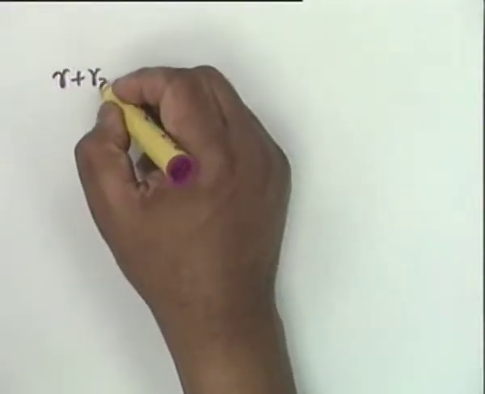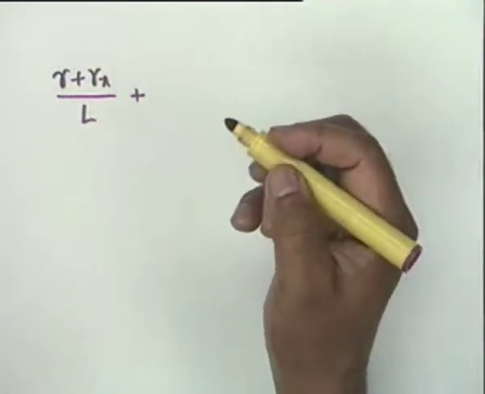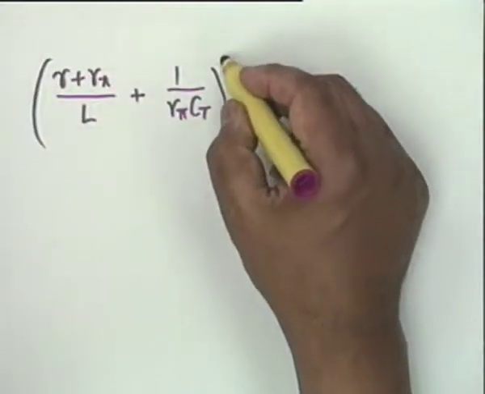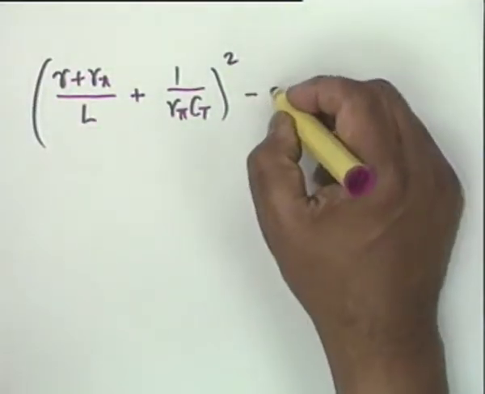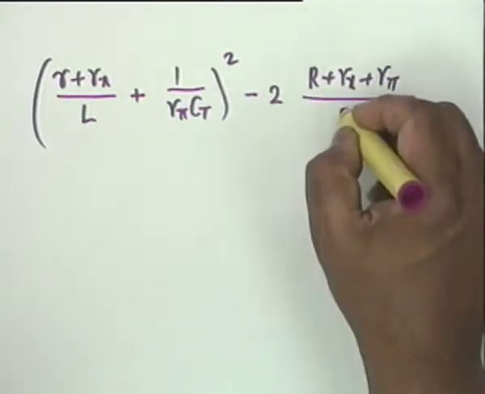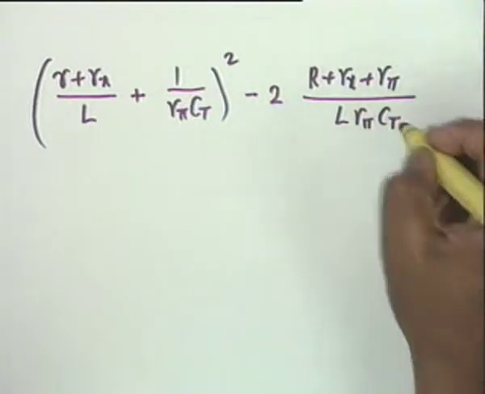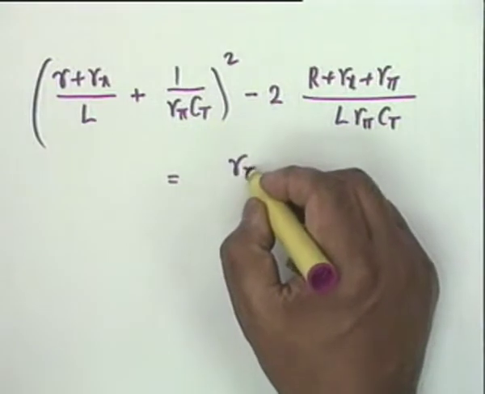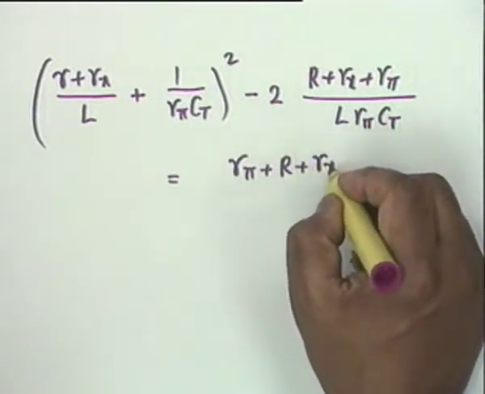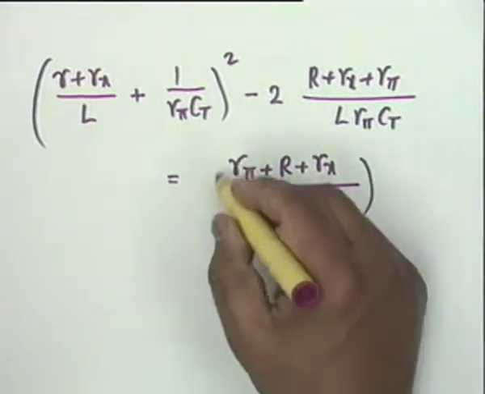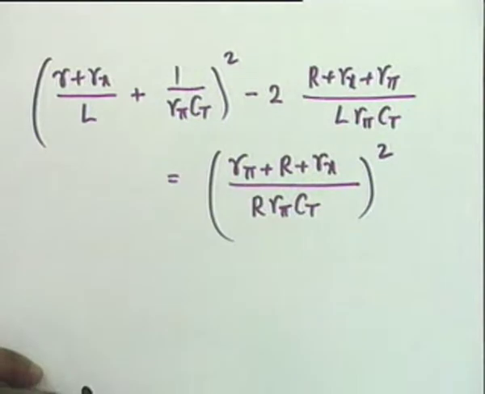R plus Rx divided by L, this is A, 1 over R pi Ct, squared, minus 2B, B is R plus Rx plus R pi divided by L R pi Ct. This should be equal to B by Z whole squared, which is R pi plus R plus Rx divided by R pi Ct whole squared. This is the equation.